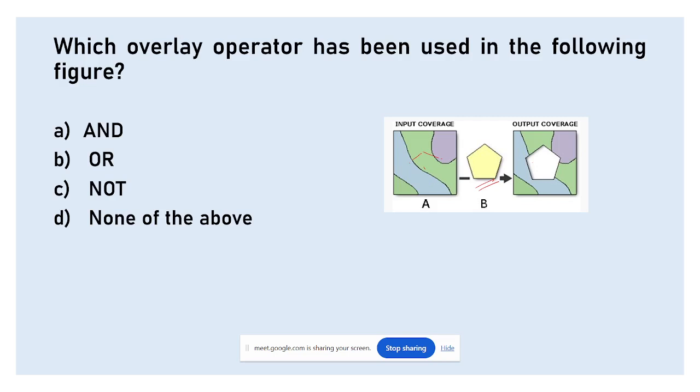The erase tool will remove the areas from the input layer which overlap the erase feature. So the output retains only those parts from the input which do not intersect with the erase feature.